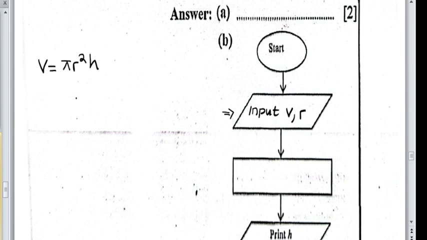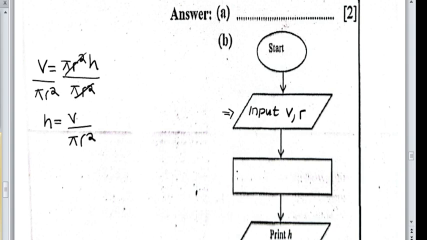Now, how do we find the height when you have volume as that? We divide by pi r squared on both sides. That cancels. Therefore, the height is given by volume divided by pi r squared. But how do you write this formula here?